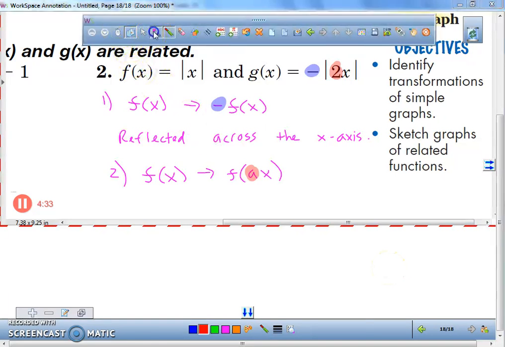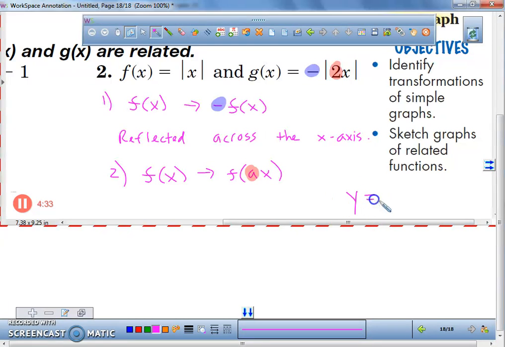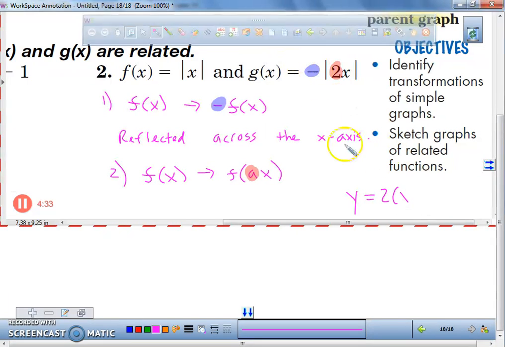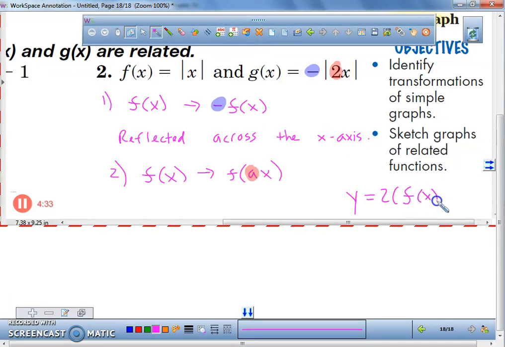In your notes, in your journal, you're going to do a quick little review. Whenever you have a problem, if I said y equals 2 times f of x, that's different than y equals f of 2 times x.